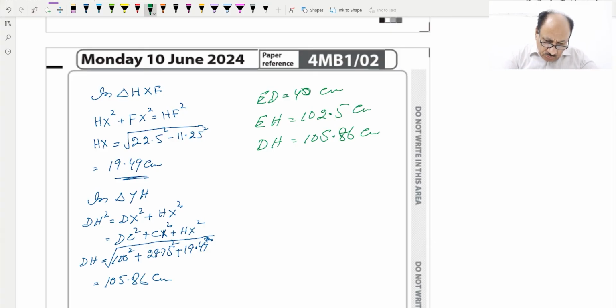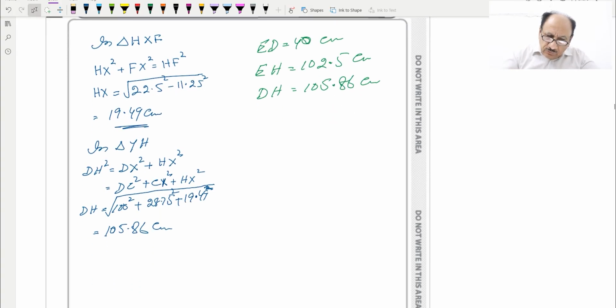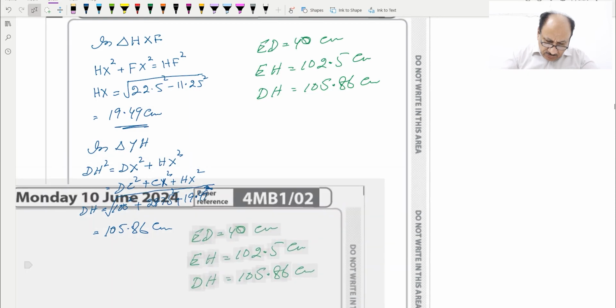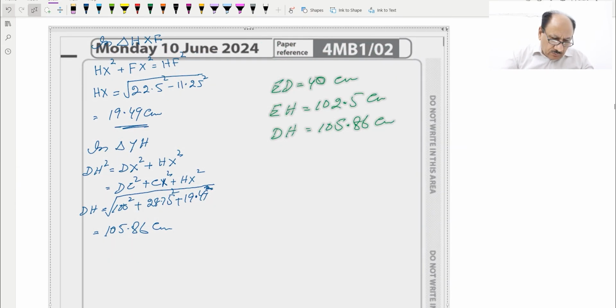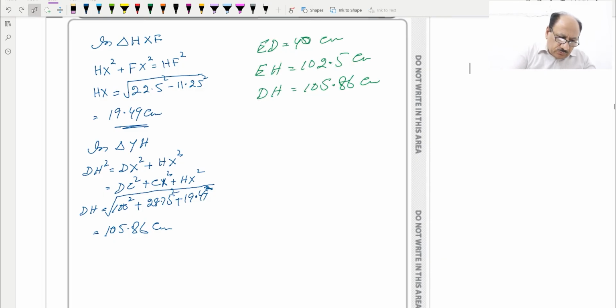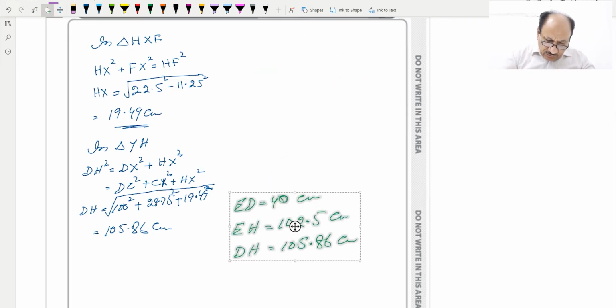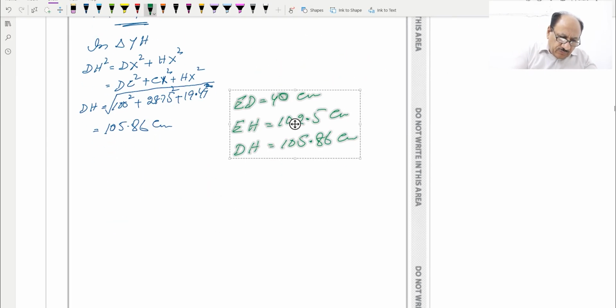I will shift this a little down and write the steps over here for the cosine rule.